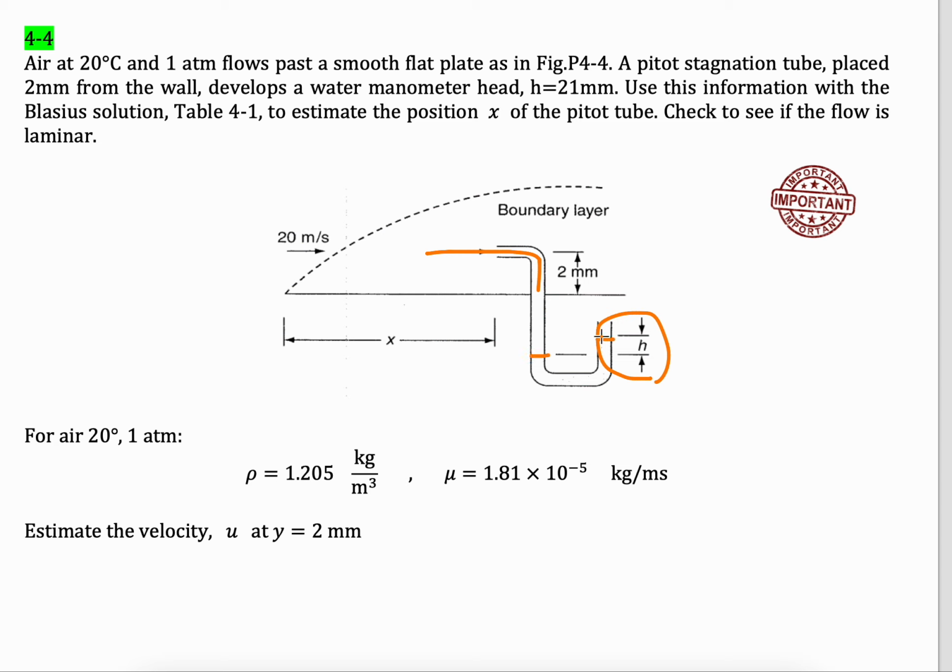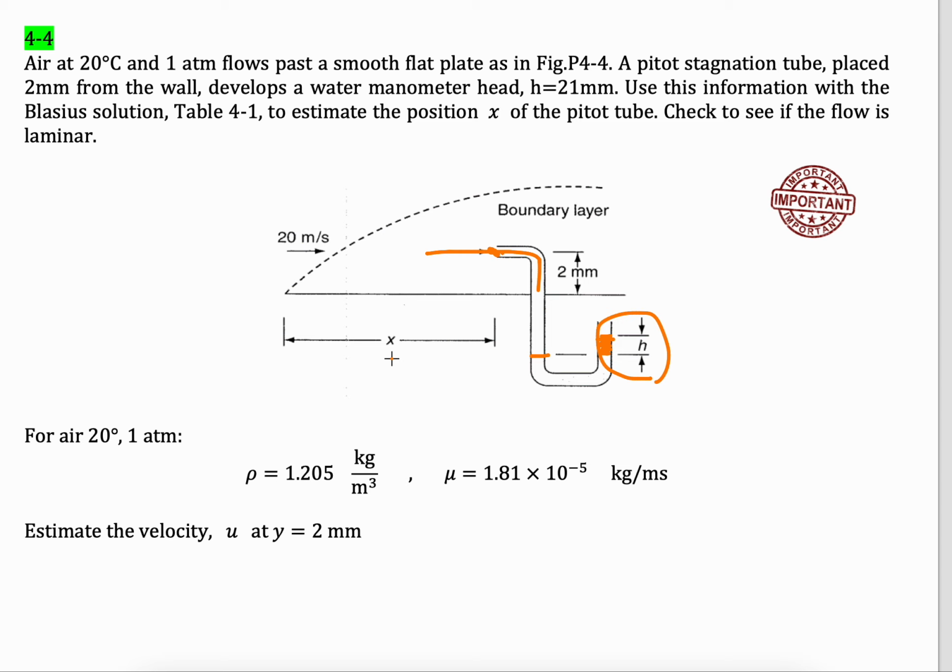So it will give a difference of 21 millimeters here. Based on this pressure, we could assume what pressure and velocity occur at this point. Then we need to estimate by using the Blasius solution, and then we could determine the value of x.